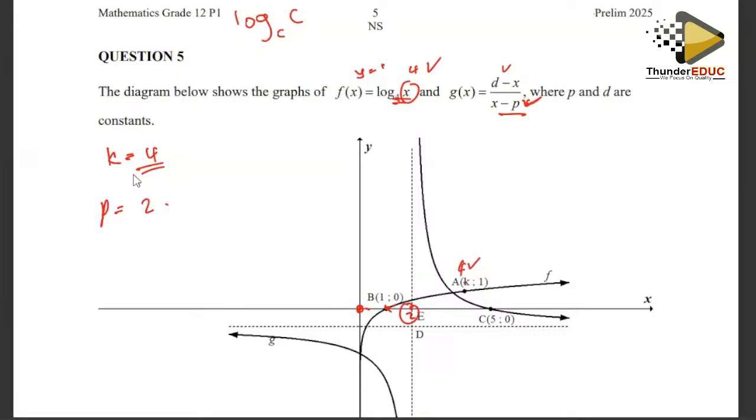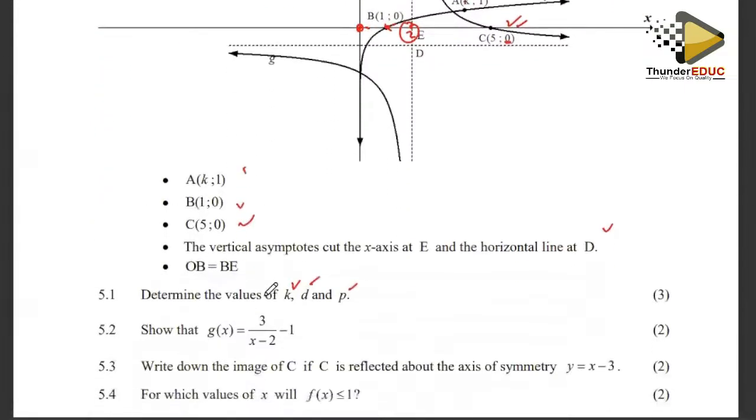Then we can do the substitution to find D, using a point. Let's use C, because it's also part of the graph. So where there is y, I'll put 0, equal to D minus 5 over x minus 2. So cross multiply, meaning that D is going to be 5. That is how we get those 3 points.